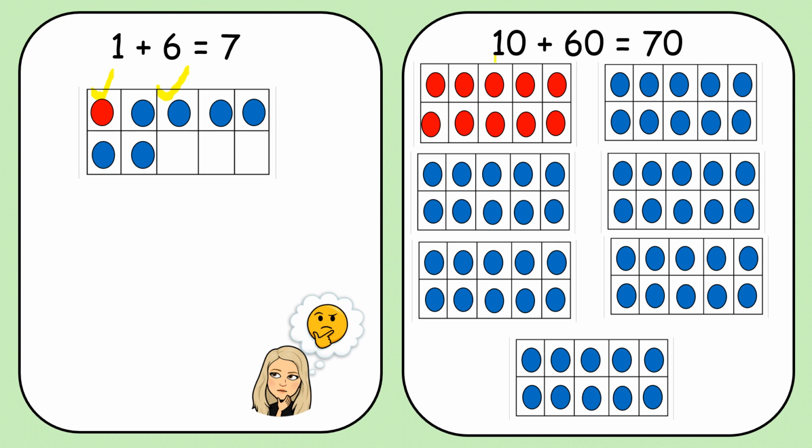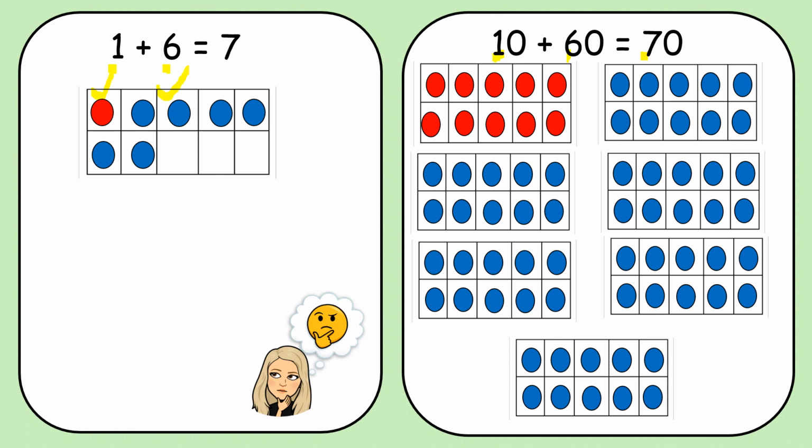I can see the number 1 here, just like there's number 1 here. And in the number 60, I can see a 6, just like there's 6 over on the left. So that's what's the same. I can see a 1, a 6, and a 7. That's what's the same. But what's different?